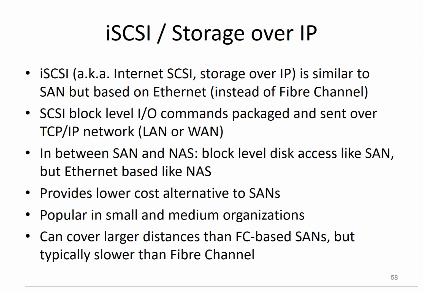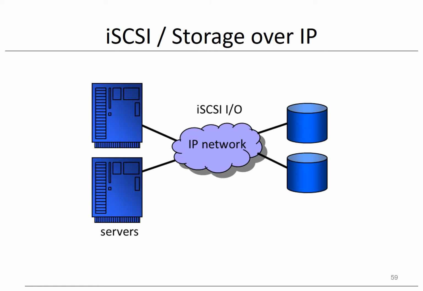For that reason, iSCSI is particularly popular in small and medium-sized organizations in comparison to SANs. On average, iSCSI can also cover larger distances than FC-based SANs, but typically it is a bit slower than fiber channel. Here you can see iSCSI illustrated.